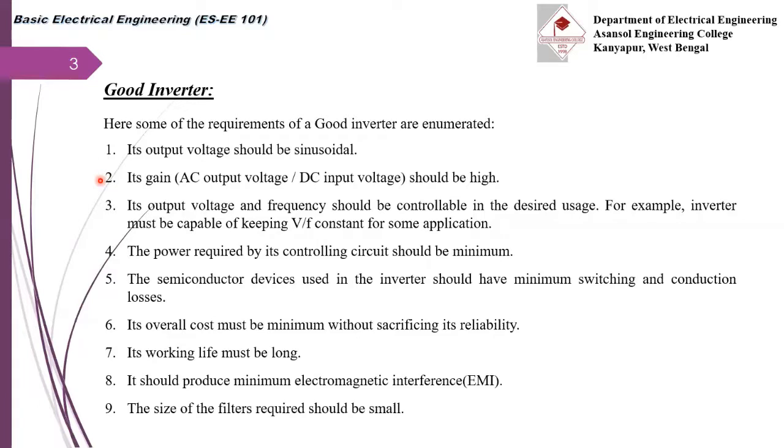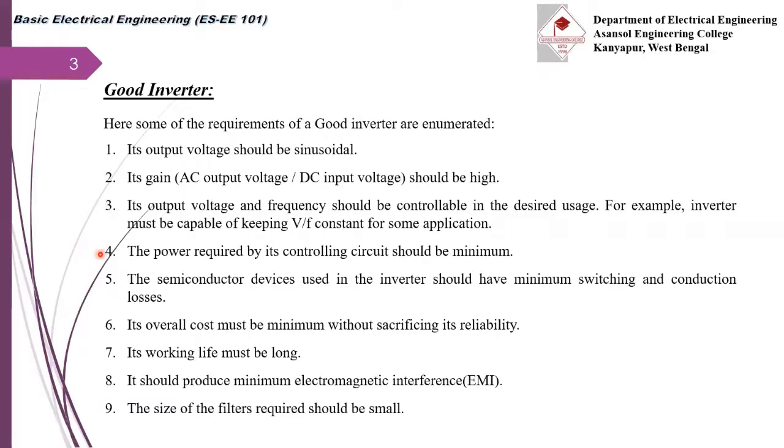Second, its gain, that means AC output voltage to DC input voltage, should be very high. Third, its output voltage and frequency should be controllable in the desired range. For example, the inverter must be capable of keeping V by F constant for some applications.